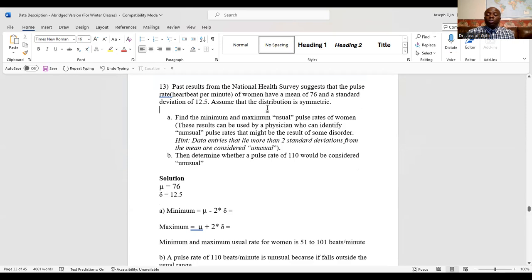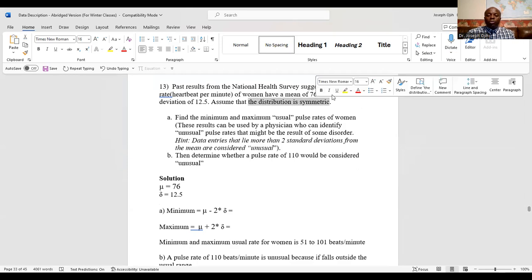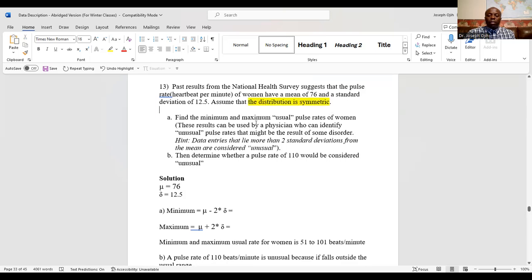Assume that the distribution is symmetric. That means we can use the empirical rule on this. If it doesn't say this, then you can't use the empirical rule. Find the minimum and maximum usual pulse rate for women based on this information. Then determine whether a pulse rate of 110 heartbeats per minute will be considered unusual.